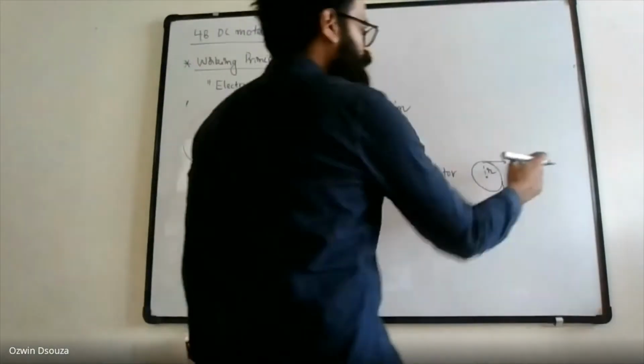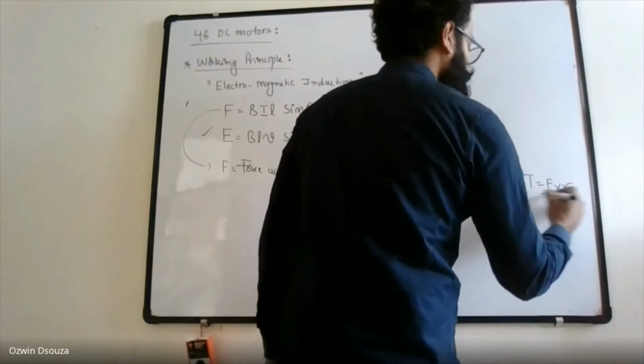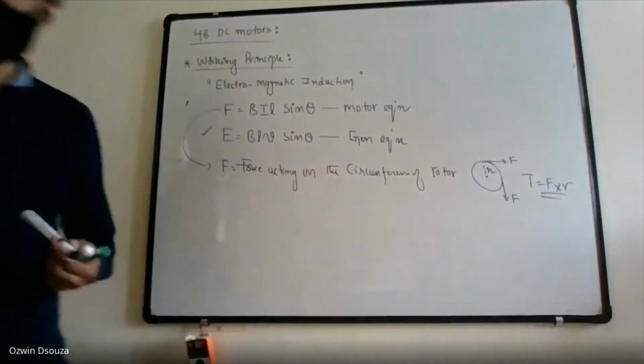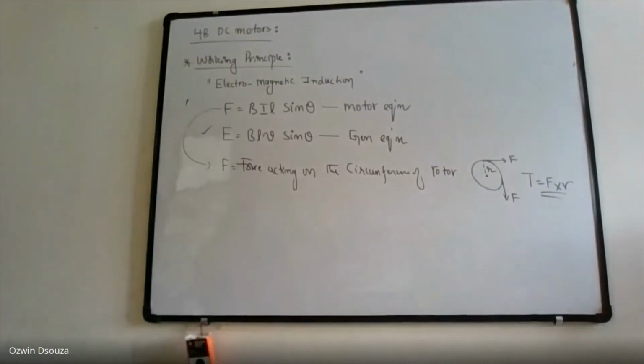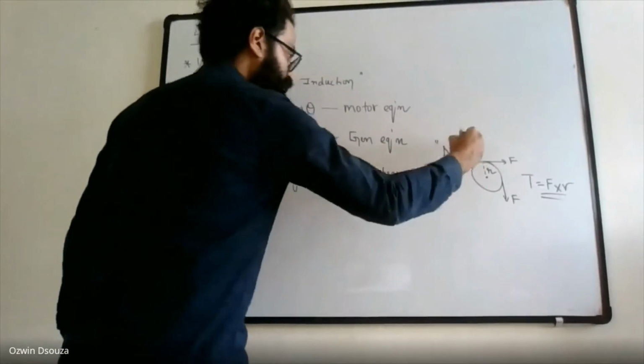So basically, force into radius will give rise to torque. The force experienced by a current carrying conductor on a cylindrical surface gives rise to torque, and this torque makes the rotor rotate, and it is normally measured in newtons.